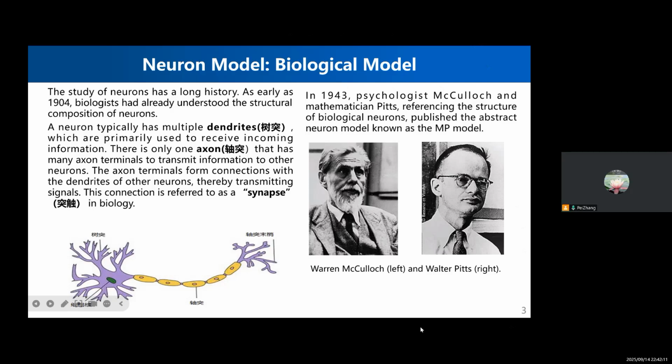In 1943, psychologist McCulloch and mathematician Pitts, referencing the structure of biological neurons, published the abstract neuron model known as the MP model.